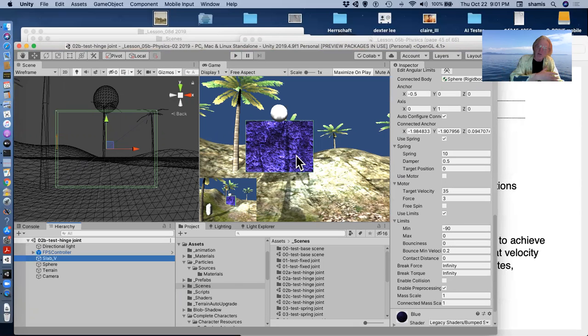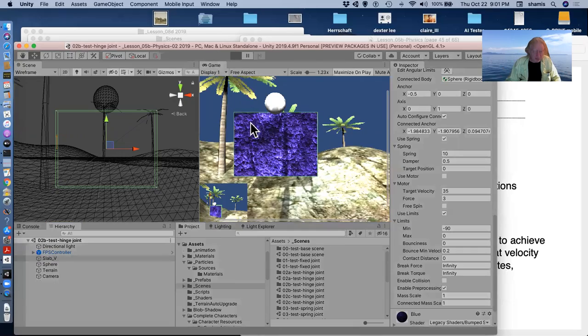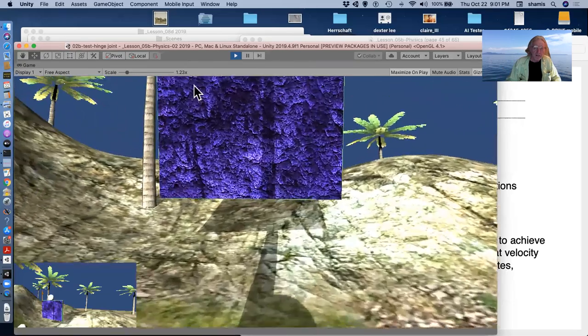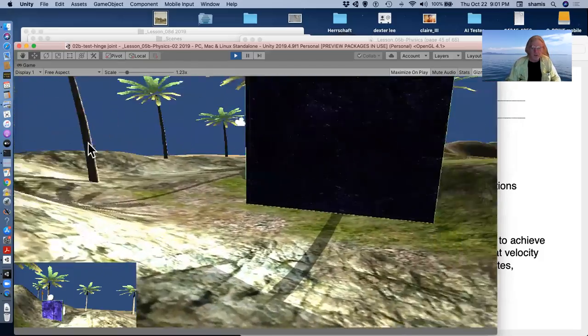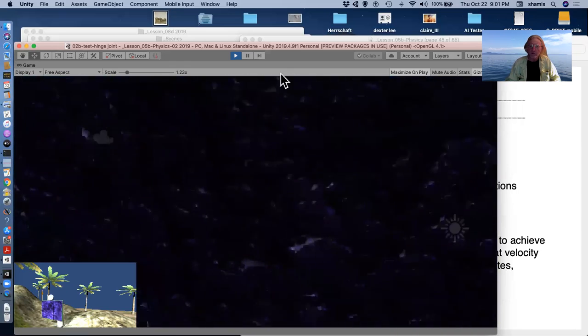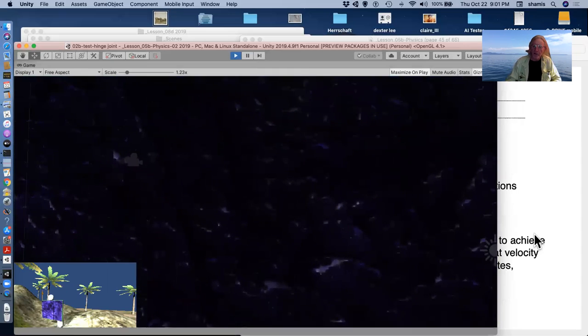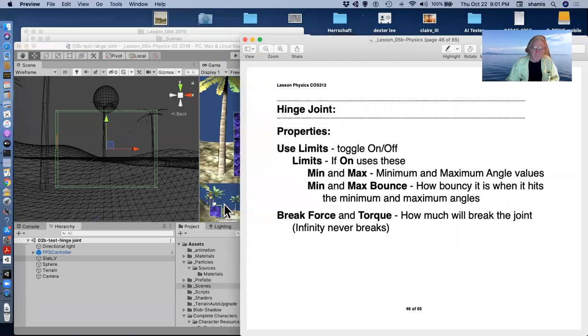It can't swing around the other way. And that way I can have this door that I can walk through that closes behind me and that I can't get back through. So that's pretty cool in that you can make these one-way doors that you can't get through.